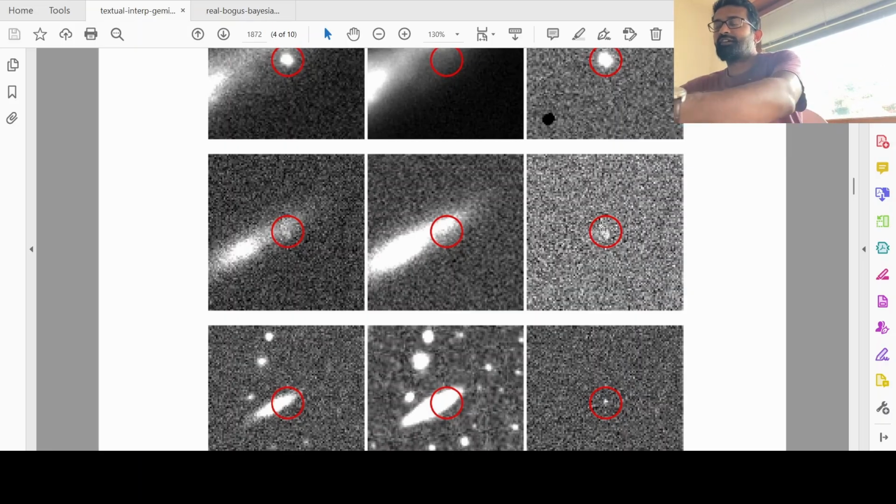Now, given these astrophysical transients, we have taken images over a period of time and we have discovered some of them. The idea is that we could go on to do further analysis.